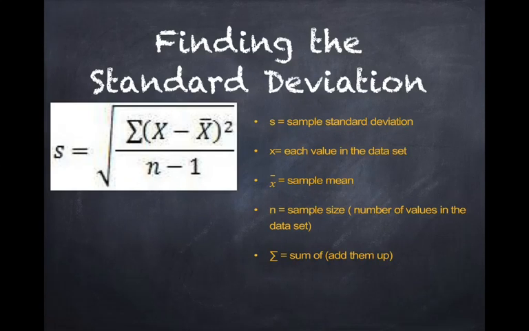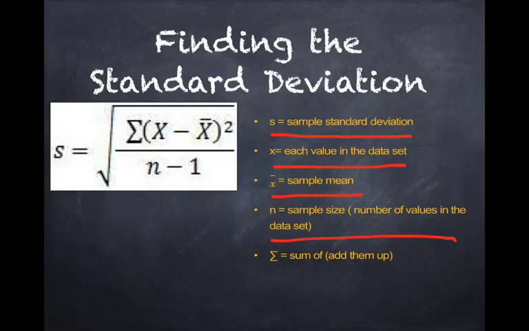Of course, we can find the standard deviation. Let's look at the notation first. Here we have S, which is equal to our sample standard deviation. X is equal to each value in the data set. X bar is equal to our sample mean. N is equal to the sample size.